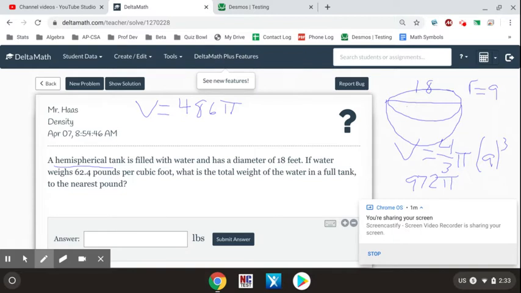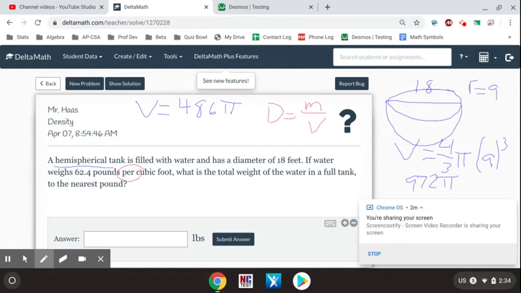Now it's asking about density. And in this case, it gives us the density. You can tell they have given us a density because they have done it in terms of pounds per cubic feet. Anytime you see that word per, that's something divided by something. And the formula for density, you might remember from your science class, is density is just the amount of mass or the amount of weight you have divided by the amount of volume or space it takes up.